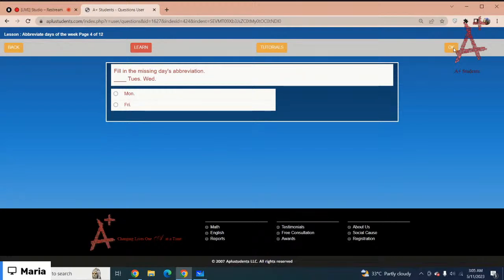Okay, the next one is fill in the missing day's abbreviation. Which is the day before Tuesday? Yes, before Tuesday it would be Monday. MON is the correct option.